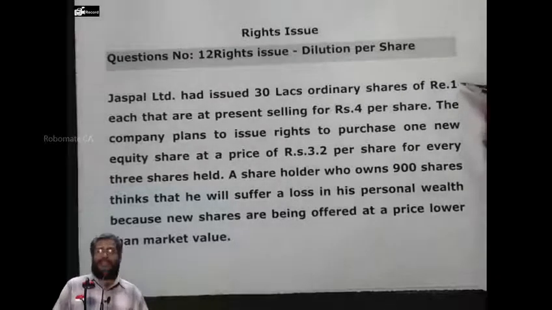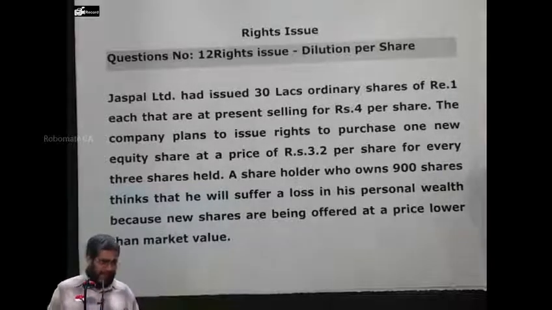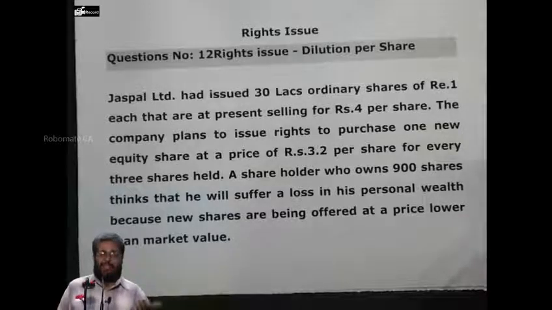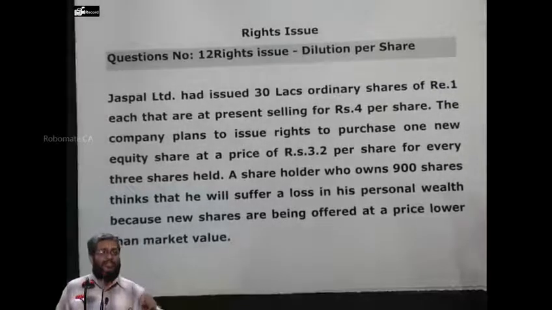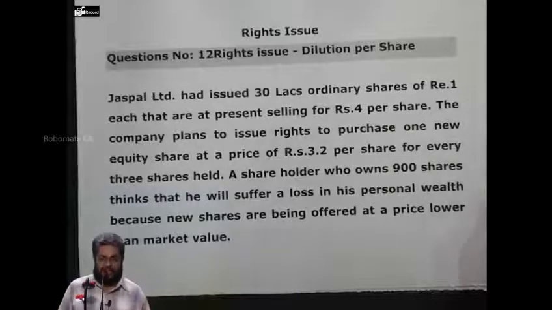That 1 rupee face value is irrelevant; I don't worry about the book value. Always the word value here means market value. So a share is trading at 4 rupees. There are 3 old shares. For every 3 old shares, 1 new share is going to come in. The new share is going to be issued at less than 4 rupees. How much is the issue price here? 3.2. This is the detail given.